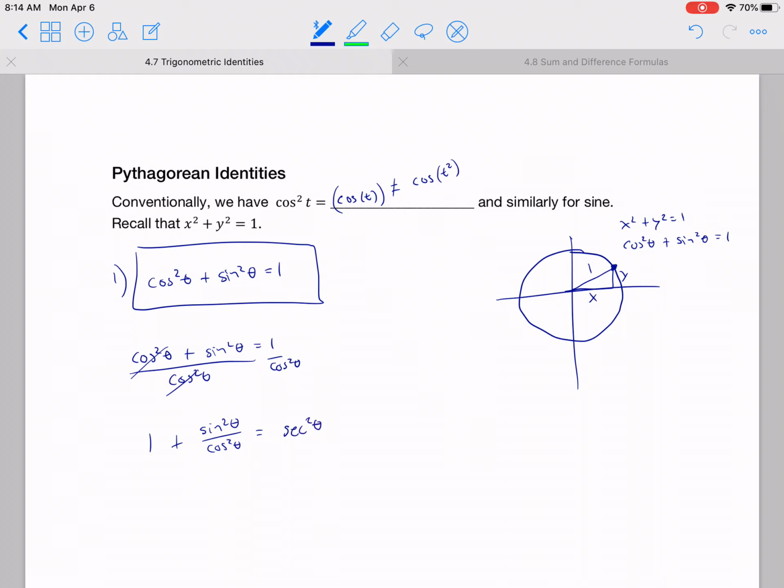And then sine squared over cosine squared is just tangent squared, which gives us 1 plus tangent squared theta is equal to secant squared theta. And there's our second one that you should know.